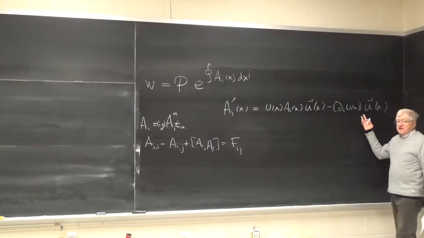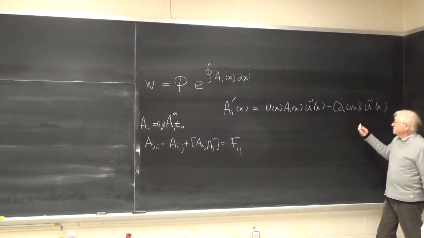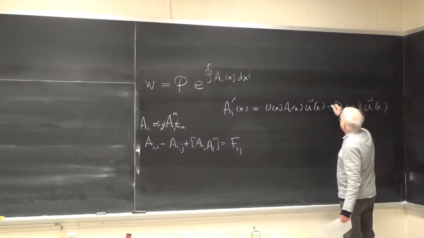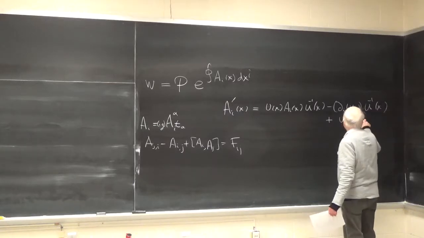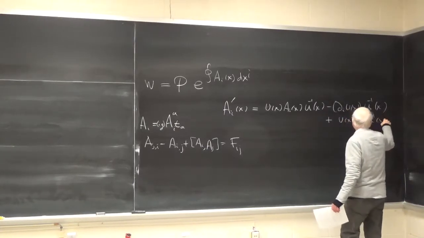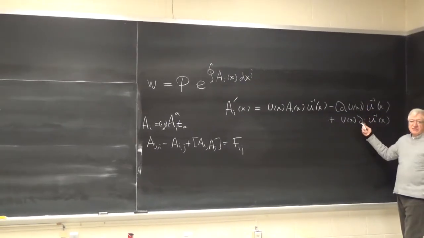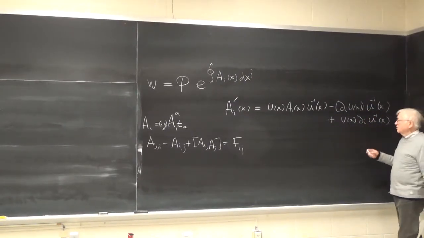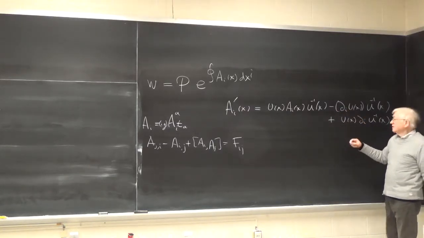And because U U inverse is 1, if you differentiate that with respect to x_i, you see that you could equally have written this as U(x) d_i U inverse(x). So this is an alternative expression. So it's not that you put both together, it's one or the other.